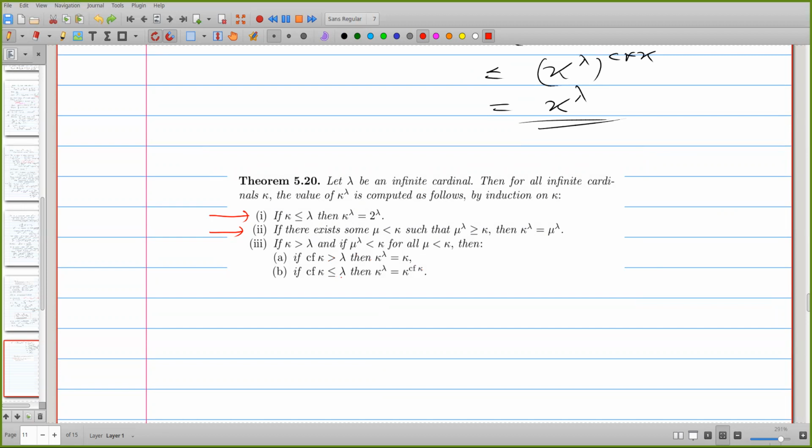And if the cofinality of kappa is less than or equal to lambda, then we get this Gimel function. But this is in the case where all those lambda powers stay below kappa. And why is that? Well, let me see. If kappa happens to be a successor, then we have Hausdorff's formula.